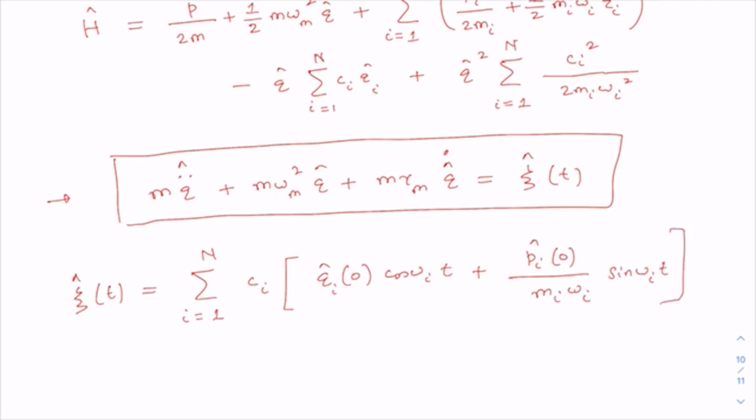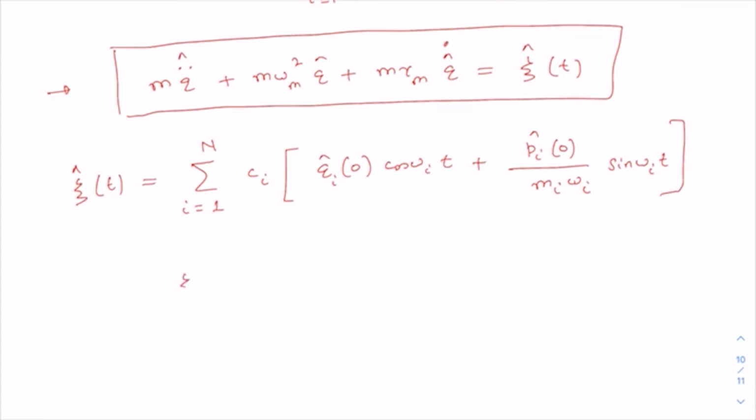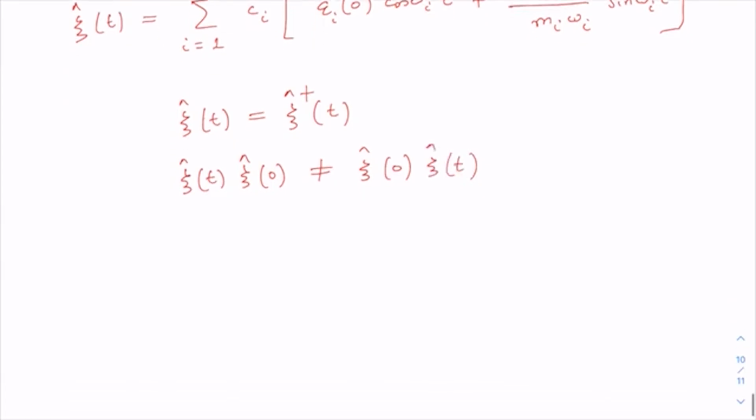Now it can be very easily verified that this Langevin noise operator, the quantum Langevin noise operator, is Hermitian. So xi of t is equal to xi dagger of t. Also, because of the commutation, you can show that the product xi of t, xi of 0 is not equal to xi of 0 times xi of t.